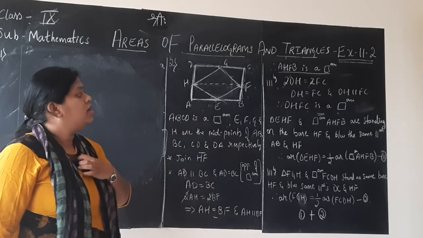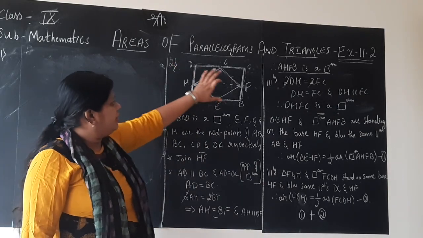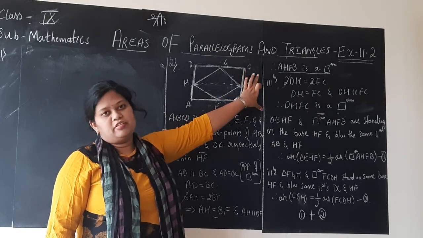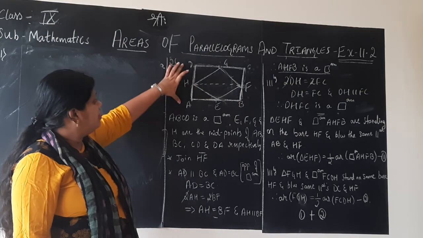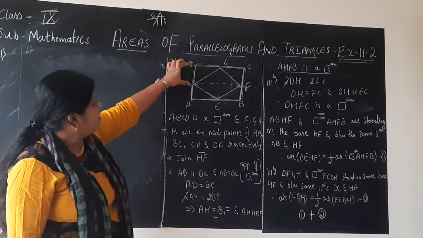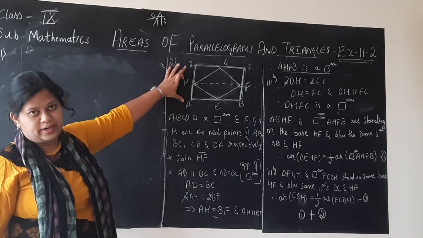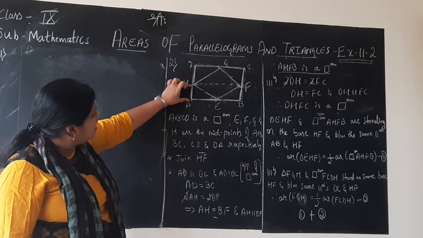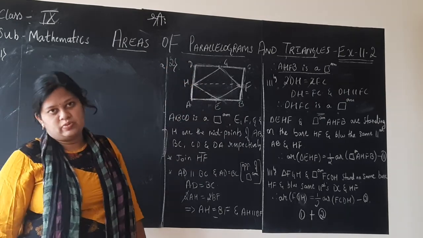Now we know that AD is equal to BC. Now children, they are saying that H is the midpoint of AD and F is the midpoint of BC. H being the midpoint, it is dividing this side AD into two halves. That is, AD is divided into DH plus AH by the midpoint, and this length DH is equal to AH as well.